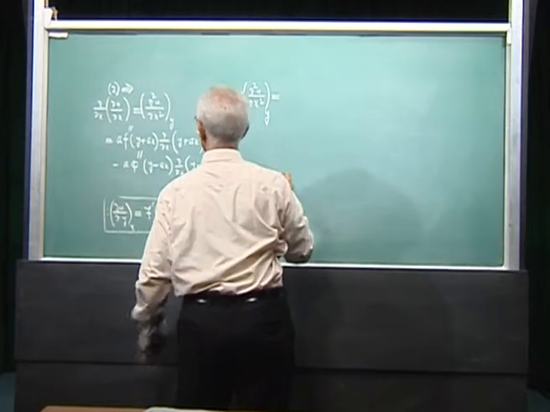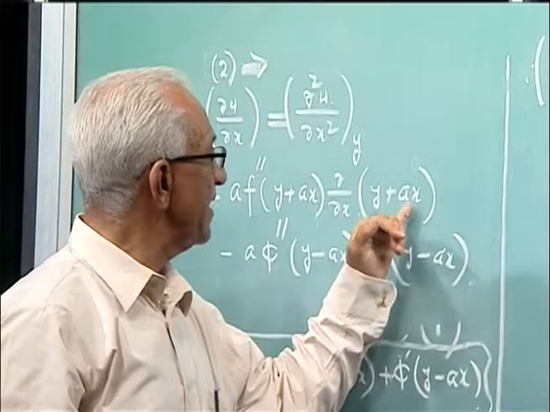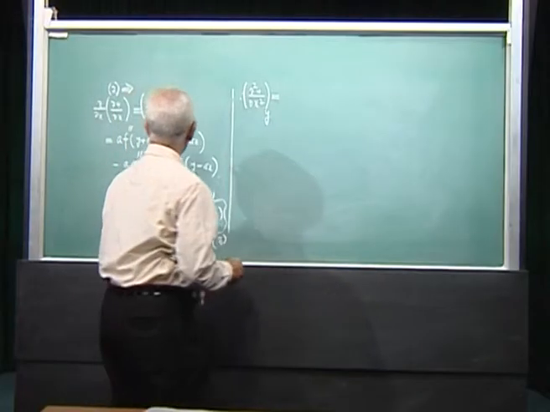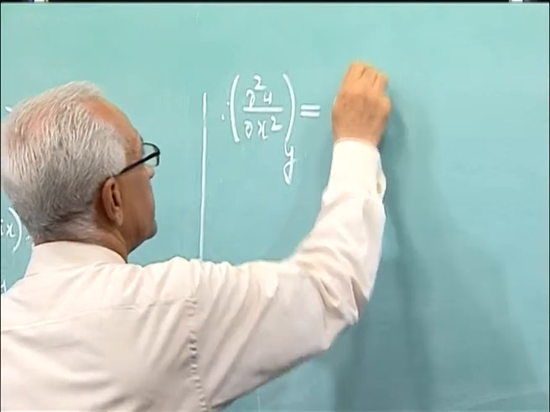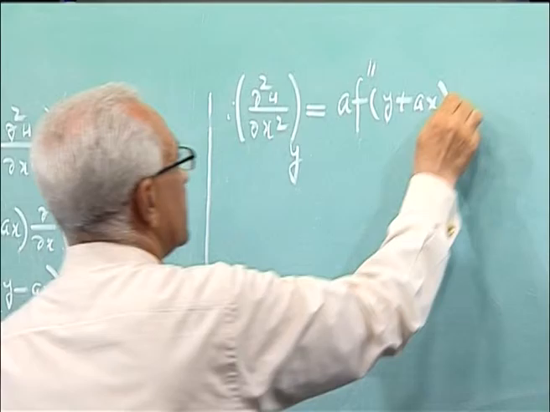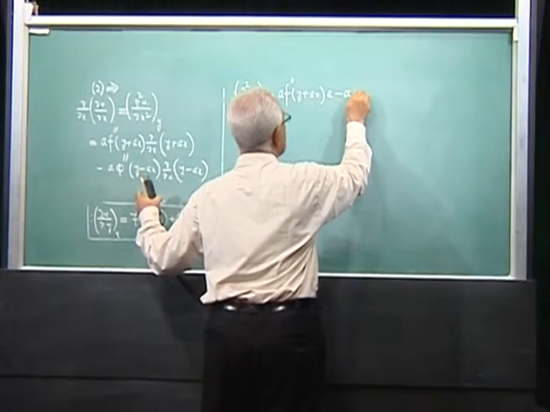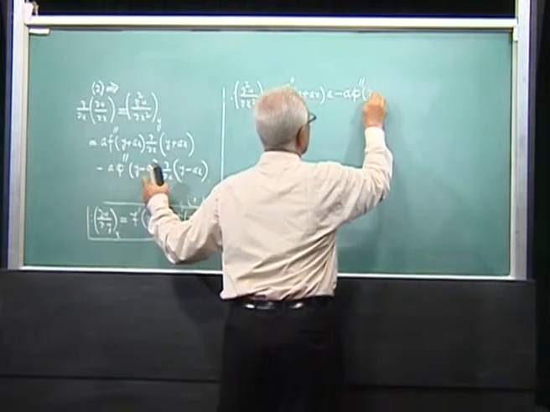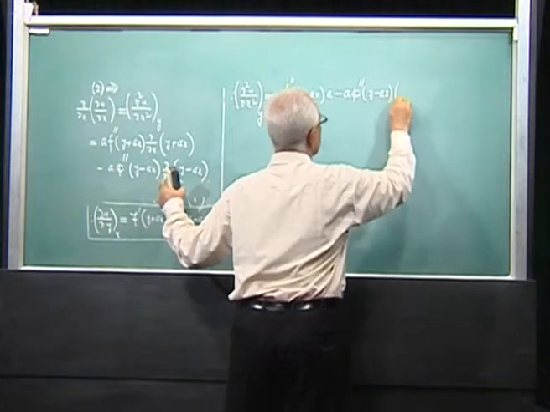If you look here, I will be having now y is 0 because that is a constant. ax will give you a, x with respect to x will become 1, and so I will be having it a into f double dash y plus ax, and then minus times I will have a, this is phi double prime, this will be y minus ax because it is a theoretical function, and here I will be having minus a as usual.